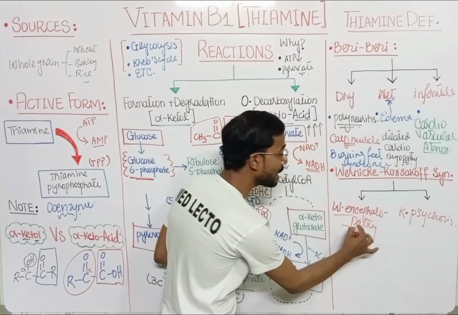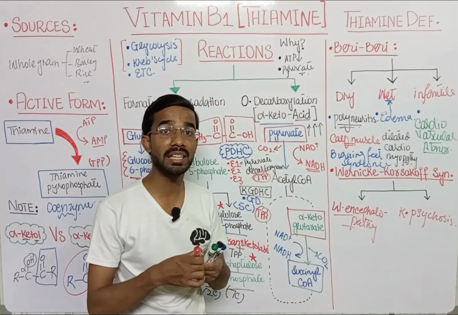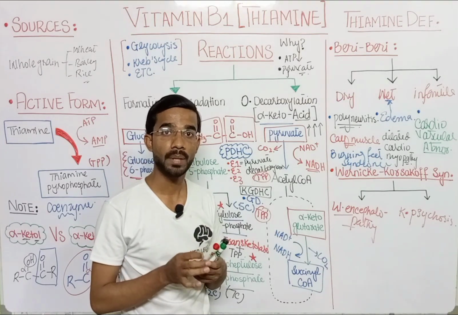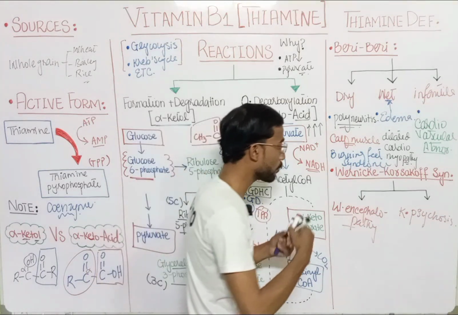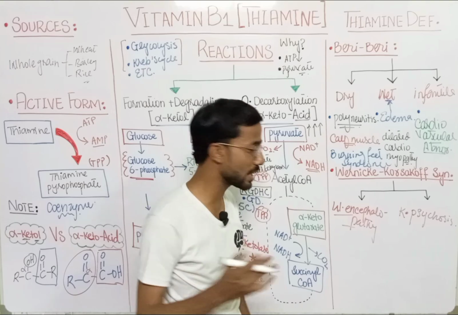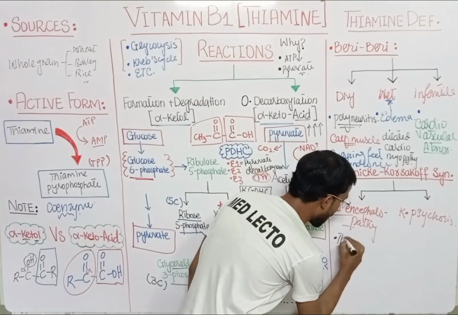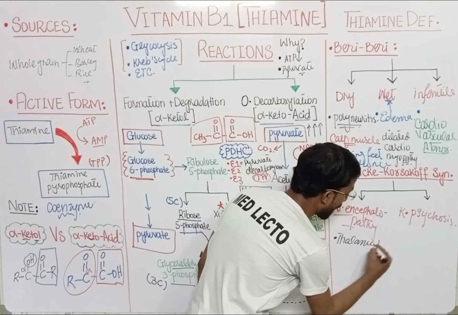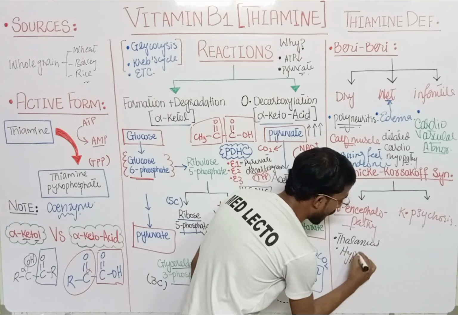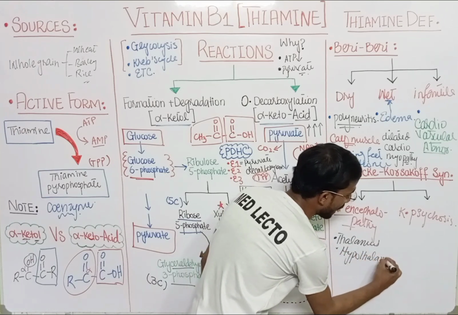In Wernicke encephalopathy, you will see damage to part of the brain. Which part is damaged? The thalamus and hypothalamus.